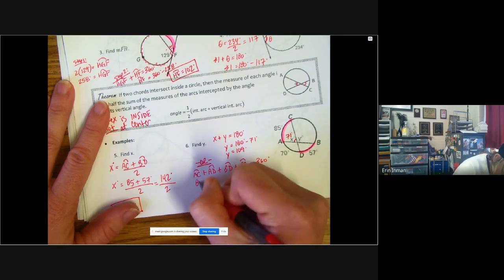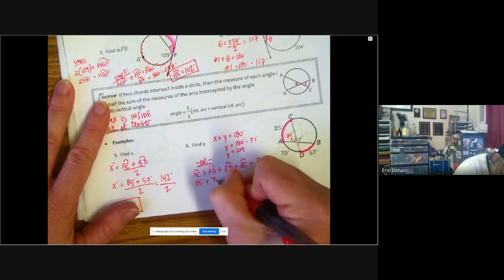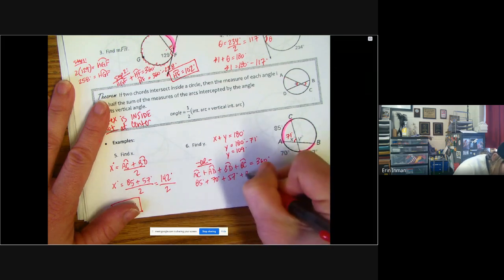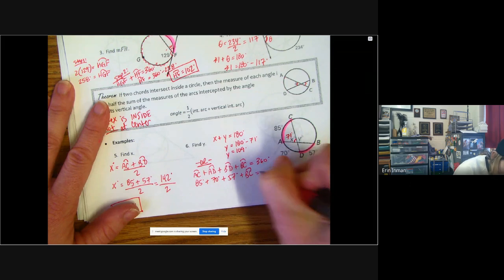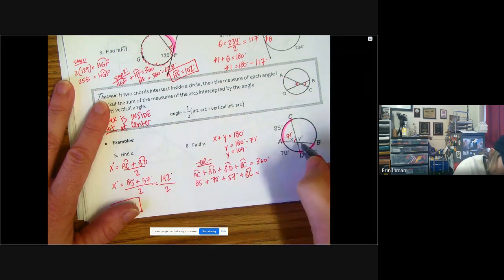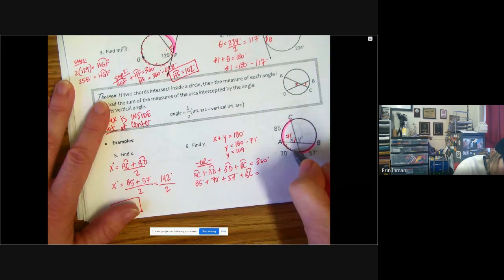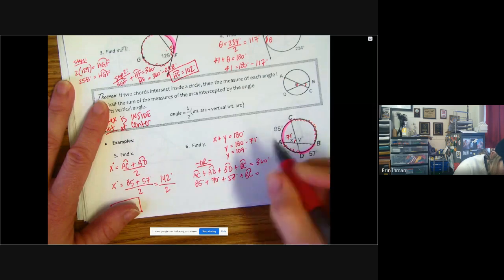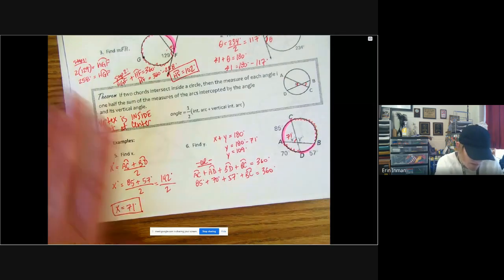And the reason why I'm doing this is so that I can find arc BC so that I could use this formula to find Y. Because notice Y would open up to AD and BC.